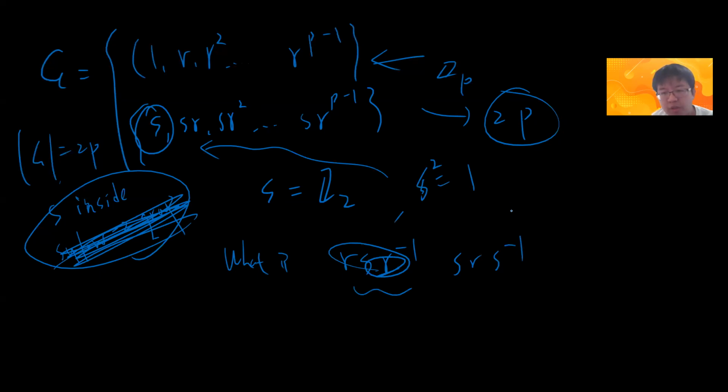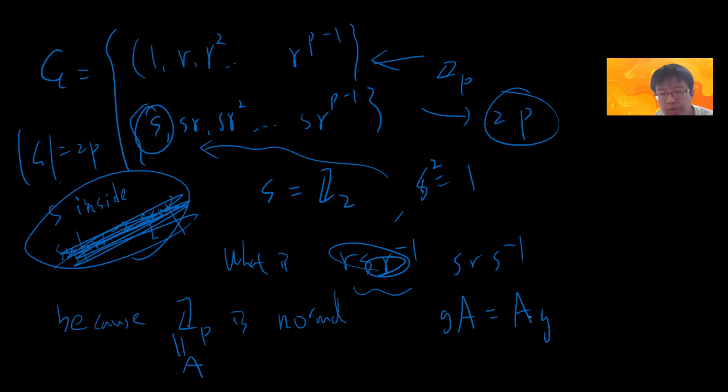Why? Because Z_P is normal. Let's say this is maybe A. That means gA must be equal to Ag for all g belonging to G. So if I take g to be S, and A to be the element R, I get S R S inverse must be R to some power.